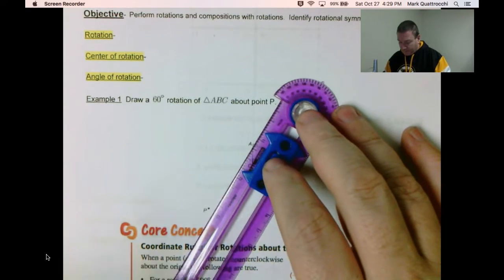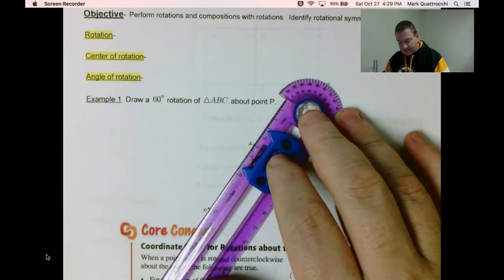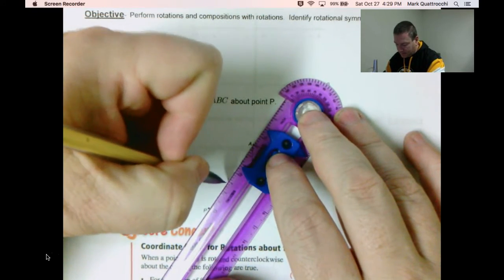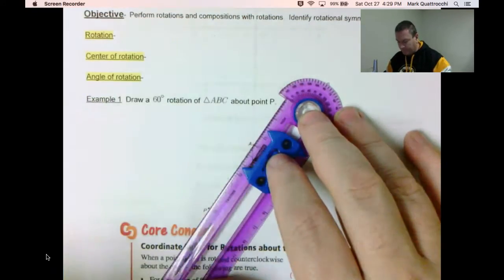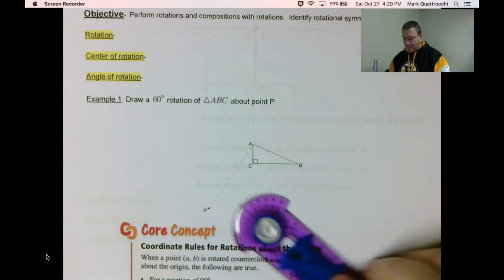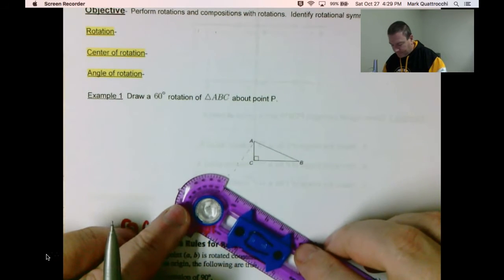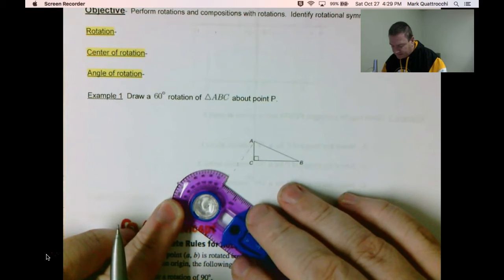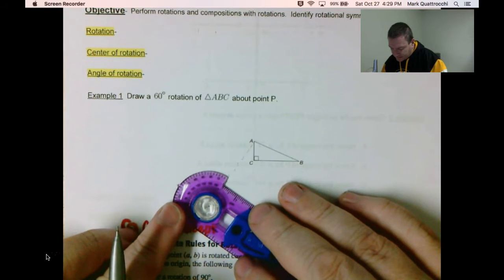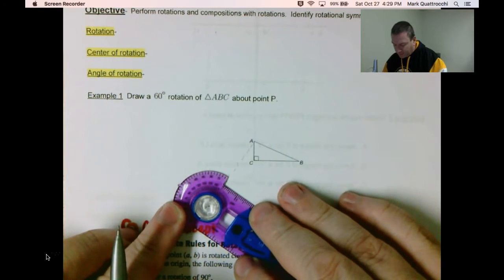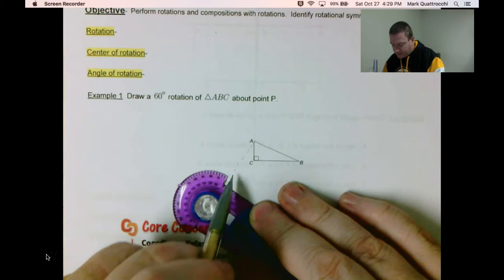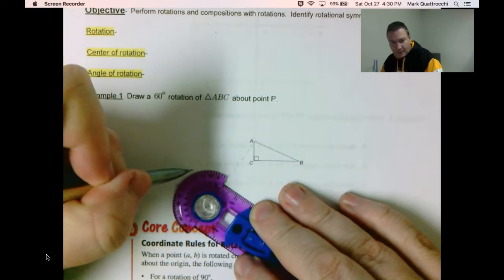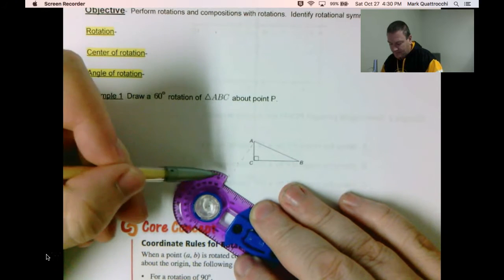So first thing we need to do is connect A to our center of rotation, point P, and then we're going to set our protractor up so that we can measure 60 degrees. So we set the center of our protractor on point P, the edge along the line that connects out to point A, and then we mark 60 degrees.